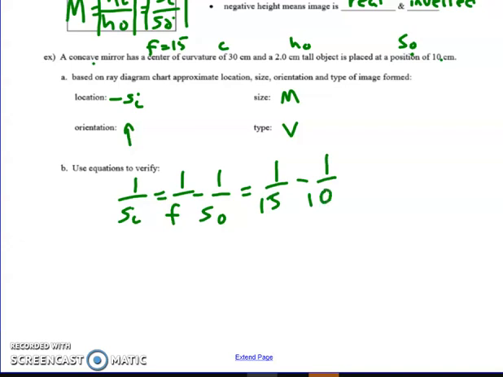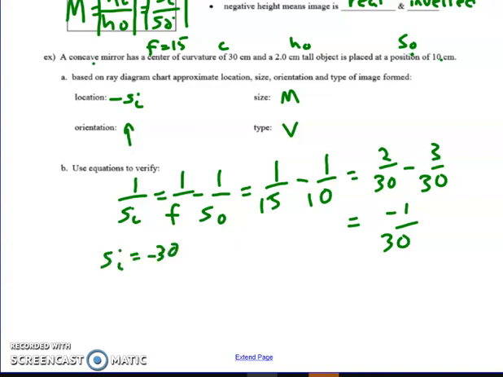Using a common denominator of 30, that's 2/30 minus 3/30, which is equal to negative 1/30. Therefore, remembering to take the reciprocal, the image distance is negative 30 centimeters. So negative 30 centimeters is exactly what we predicted. It is behind the mirror, so we know it's virtual.